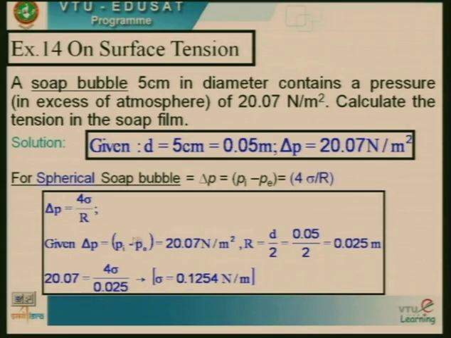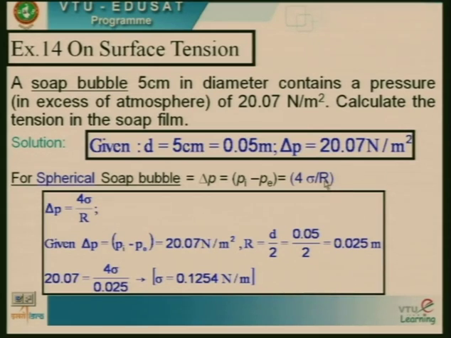So, delta P is given as 20.07. R is actually D by 2. Mind it well, given is a 5 centimeter diameter, but the formula is asking for the radius.